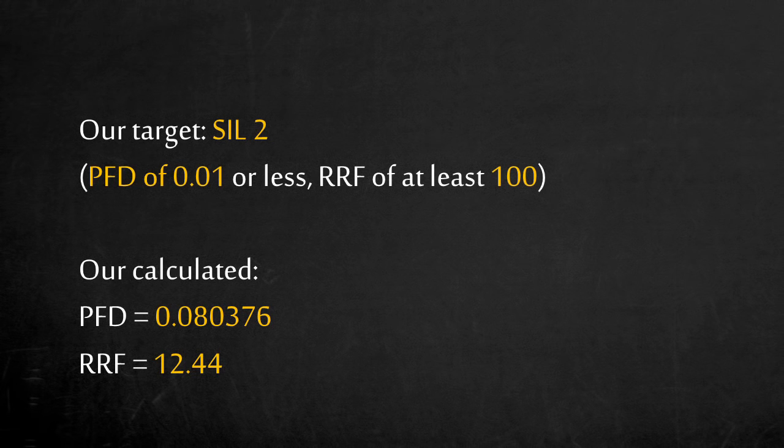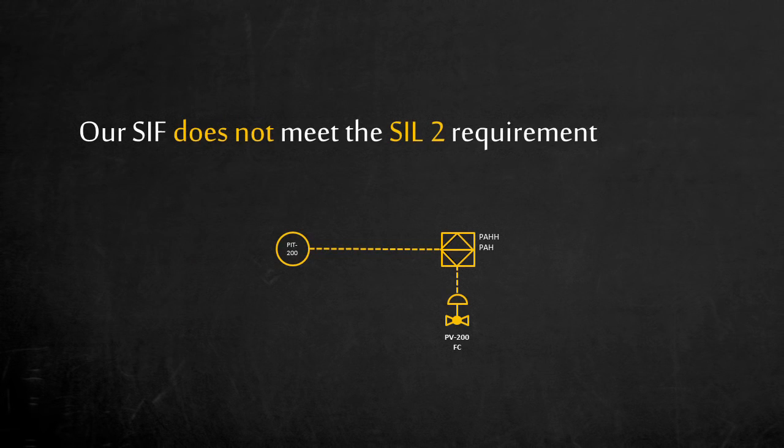Uh-oh, the RRF isn't quite where we need it to be. We needed a risk reduction factor of at least 100. What we currently have does not meet our risk reduction target determined in the LOPA. If we implemented this function, the process would still be 8 times more dangerous than what is acceptable.